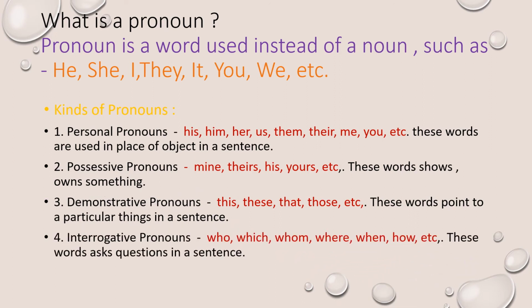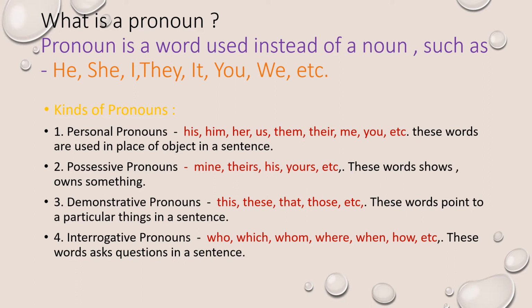Next it is interrogative pronouns. Interrogative pronoun means in a sentence we can ask the questions. Very simple. Means question type sentence comes, it is known as interrogative pronouns. Actually, you have to remember this: personal, possessive, demonstrative, interrogative. In kinds of sentence also we study what is demonstrative, what is interrogative.